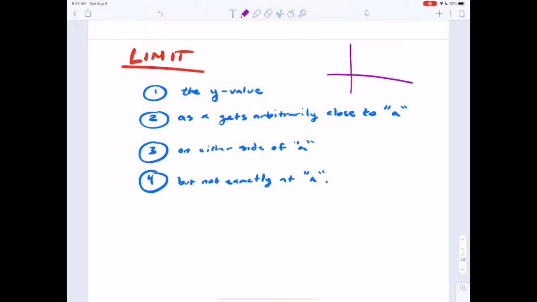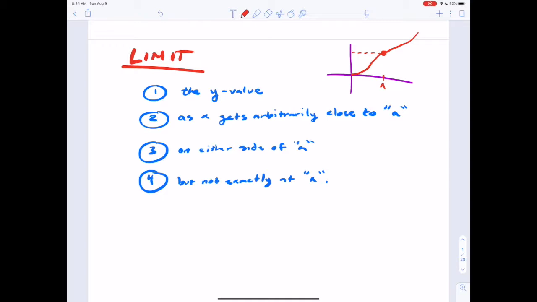It's some y value as x gets arbitrarily close to that number a, on either side of a, but not exactly at that moment. It's the y value as x gets arbitrarily close to a on either side of a, but not exactly at a.